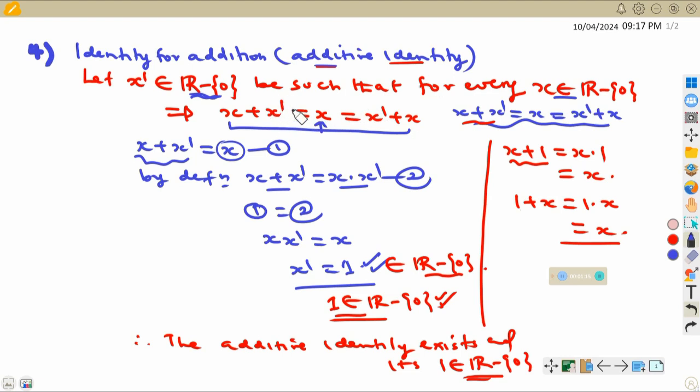That is, if x prime is our identity, then when you pick any element from this given set and add the additive identity, it should give you the same element.